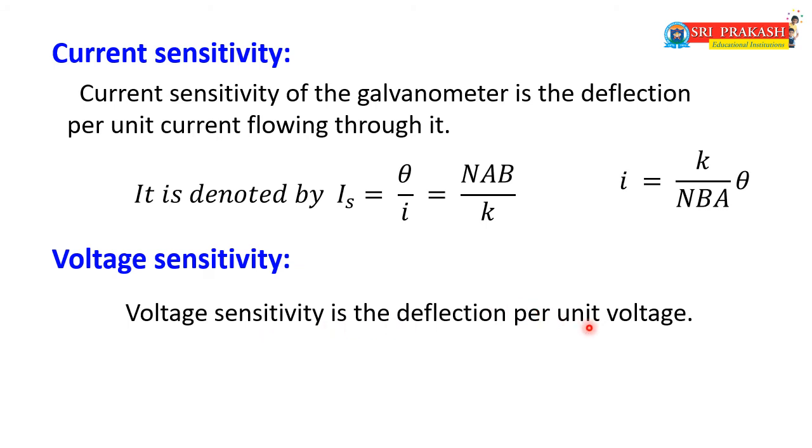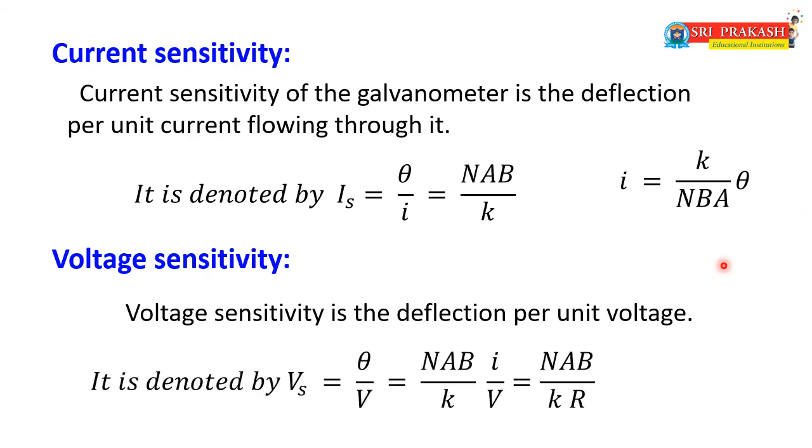So voltage sensitivity is theta by V. To get theta by V, just consider this equation and divide both sides by V. Then voltage sensitivity Vs equals theta by V, which equals NBA by K into I by V.